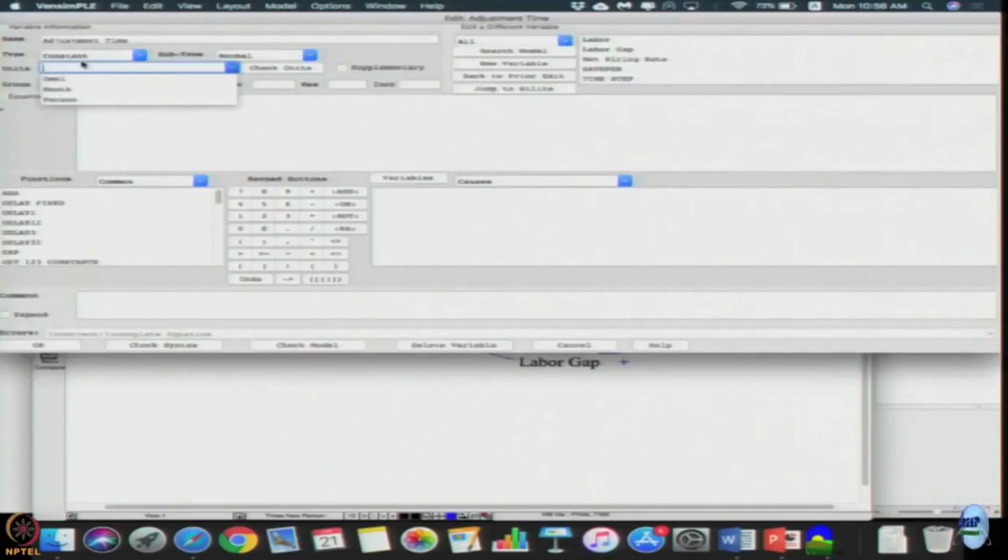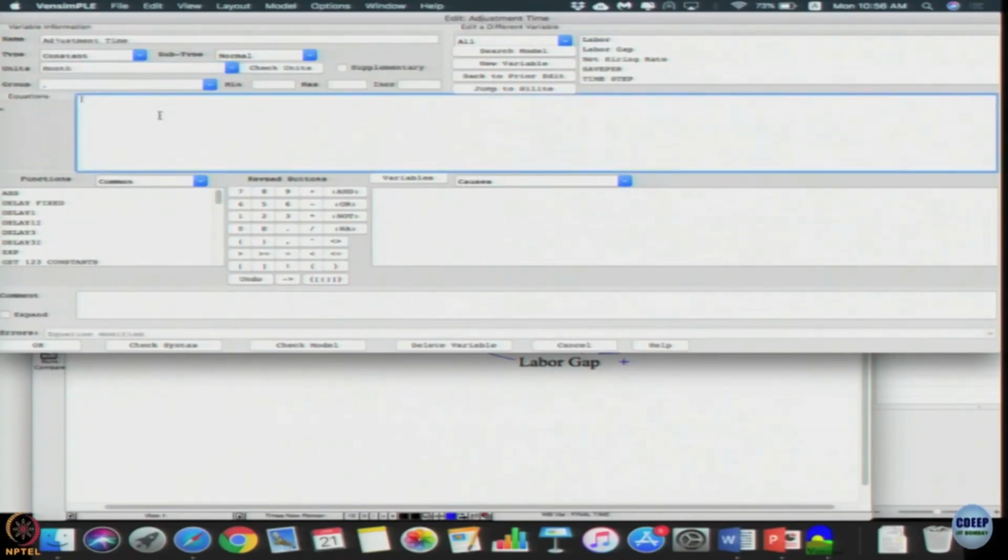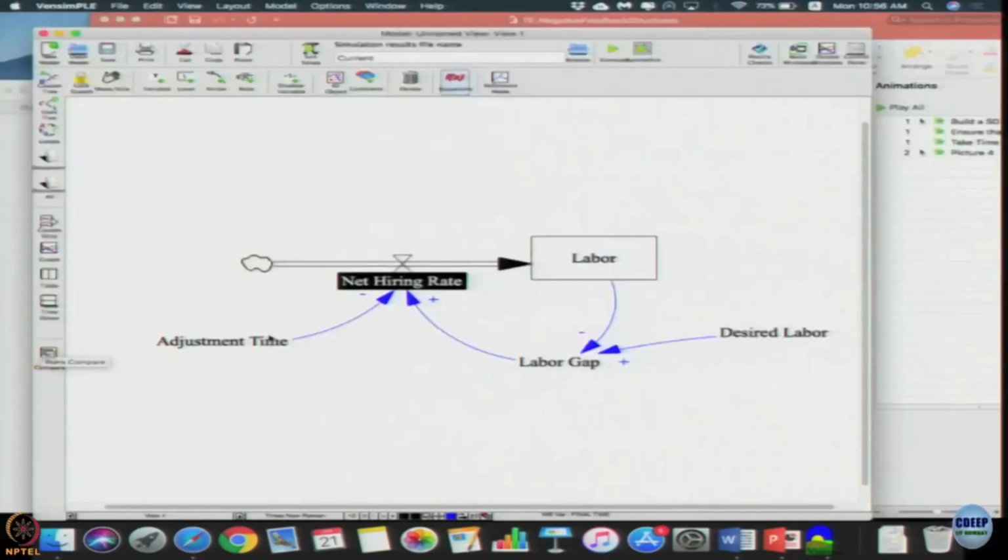Let us move to adjustment time. Adjustment time, if you can see, type is already constant, it is not getting affected by anything else, so it automatically selected constant. The unit is month, we are measuring time in months, and the problem statement told 6 months. So I am just going to put a value of 6 into this. Okay.